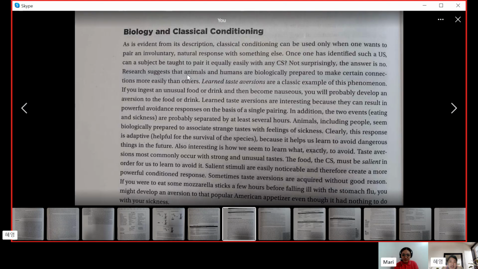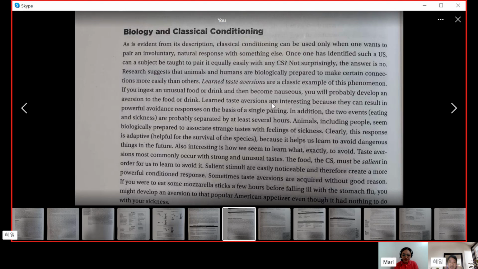Research suggests that animals and humans are biologically prepared to make certain connections more easily than others. Learned taste aversions are a classic example of this phenomenon. If you ingest an unusual food or drink and then become nauseous, you will probably develop an aversion to the food or drink.